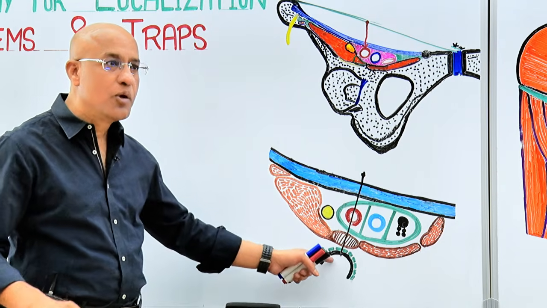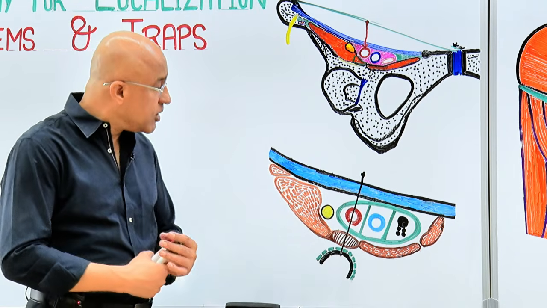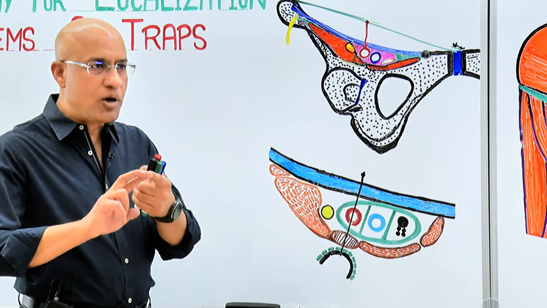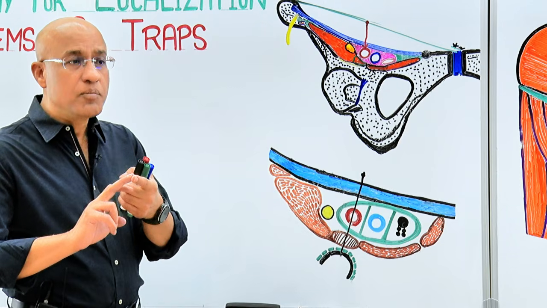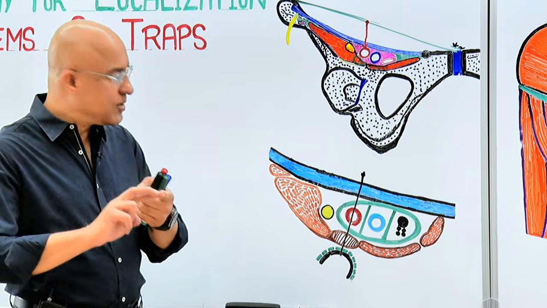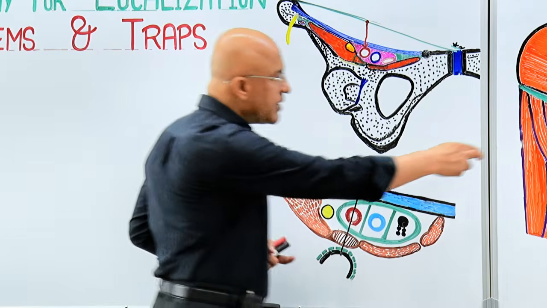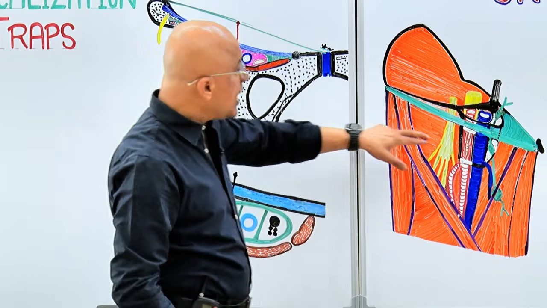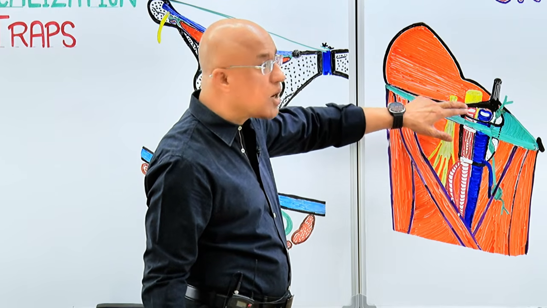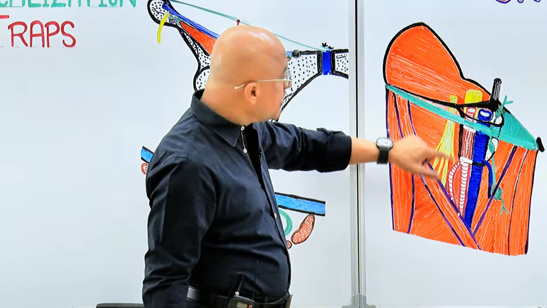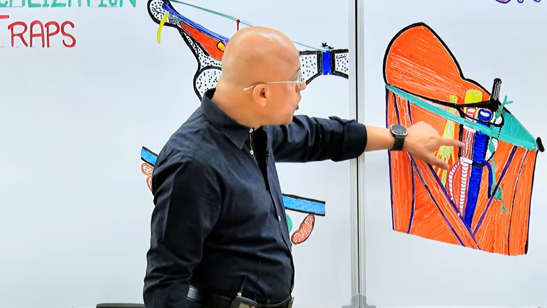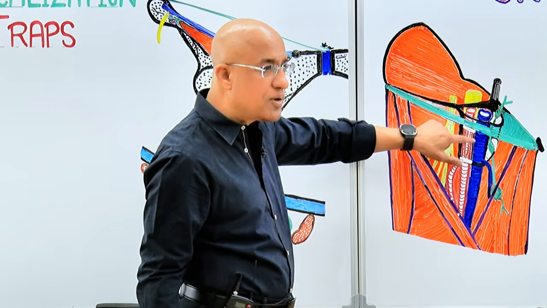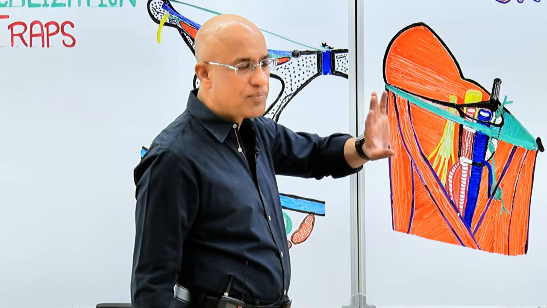So you will feel the pulses in the finger pads of the index finger and middle finger. And once you feel it, you have to be very careful. Don't go above the inguinal ligament. So this is the way that you localize the golden area or golden segment of the femoral artery.